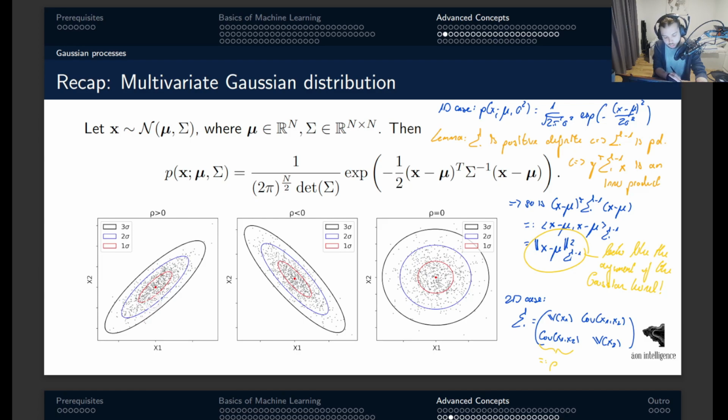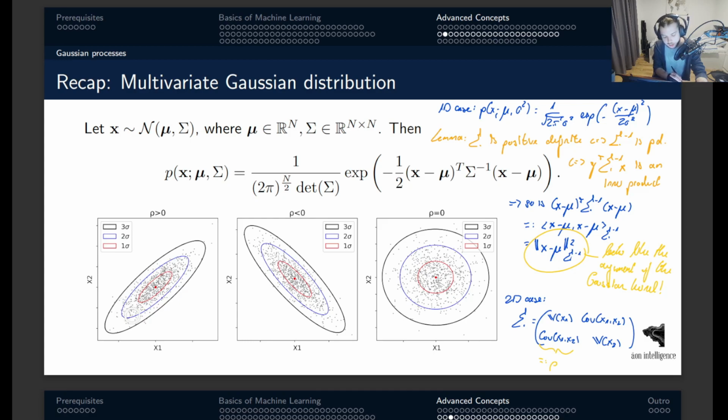These rings refer to the standard deviations from the expectation, which is the center of this ellipsoid. This is the point that we expect to draw. This is mu. But it's relatively likely that we draw any point within this red ellipse, because this refers to one standard deviation from the expectation.